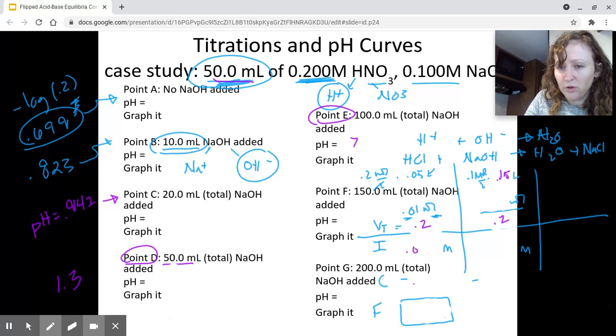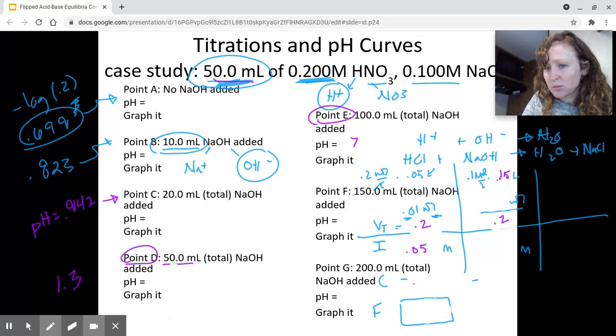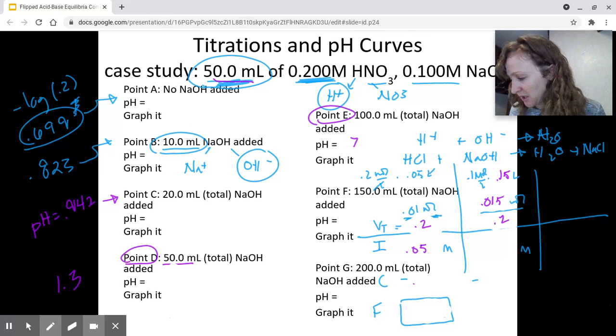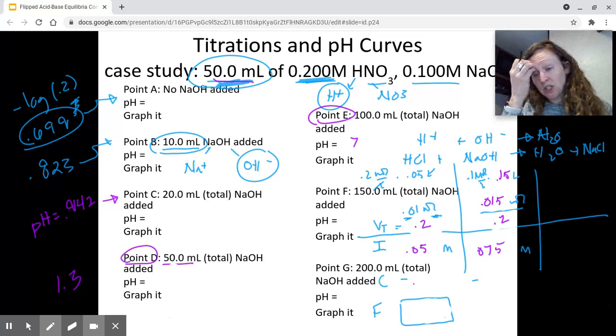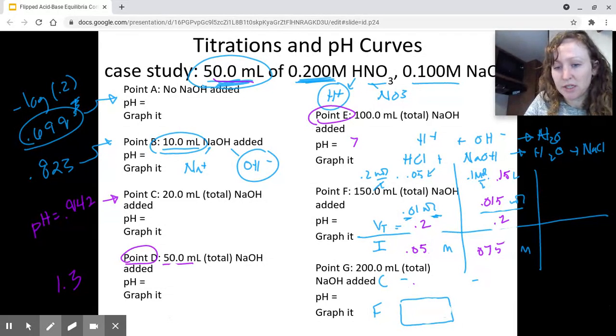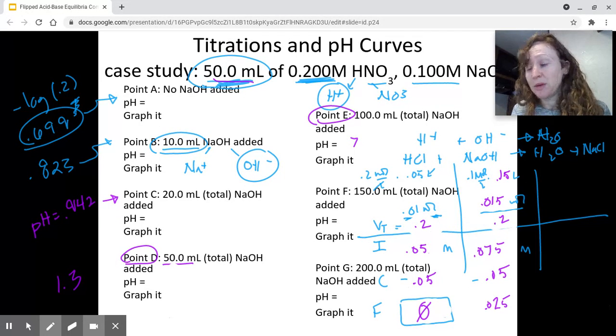I get 0.05 molar acid. This is 0.015 moles of base divided by my total volume now, which is 0.075. And my change is going to be the one that runs out first, which in this case is going to be acid. I get no acid left. 0.05 change. I'm going to have 0.025 of my base left.